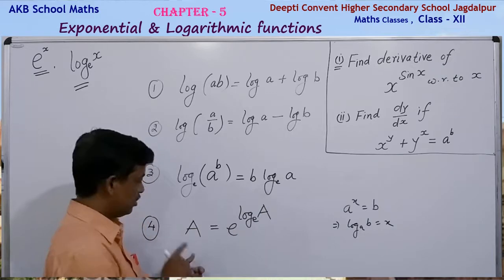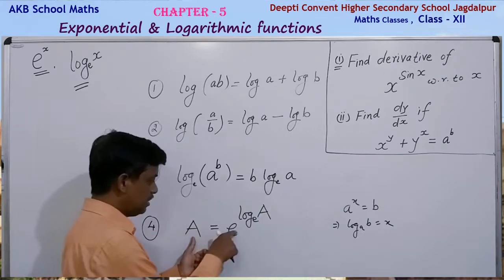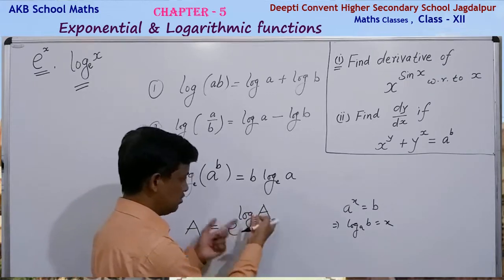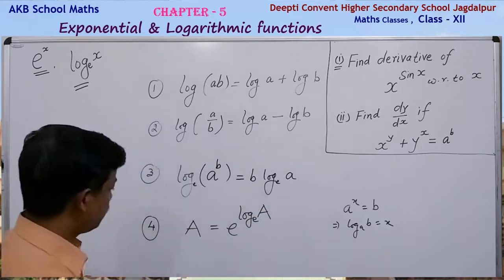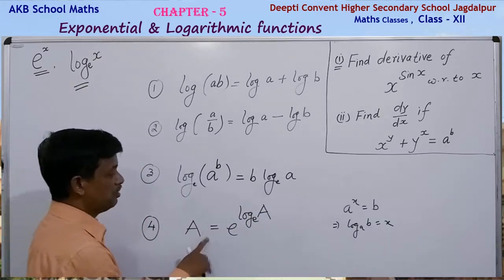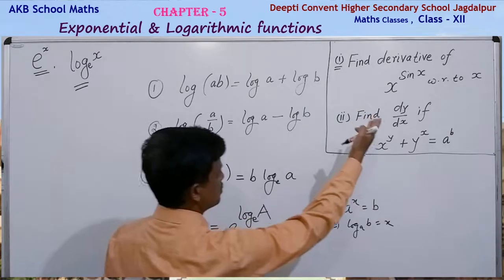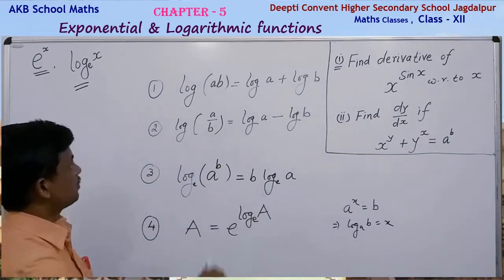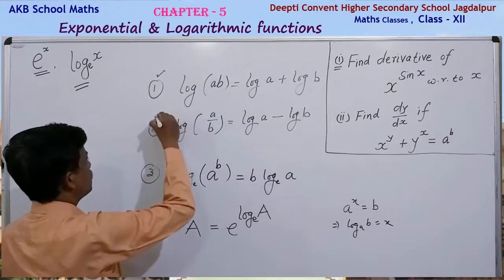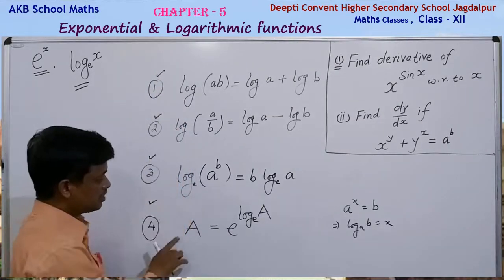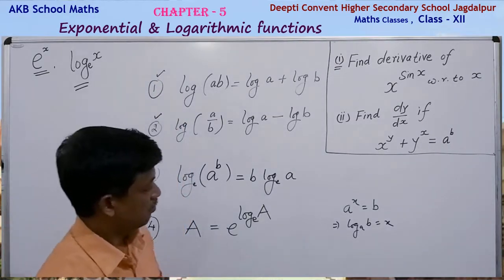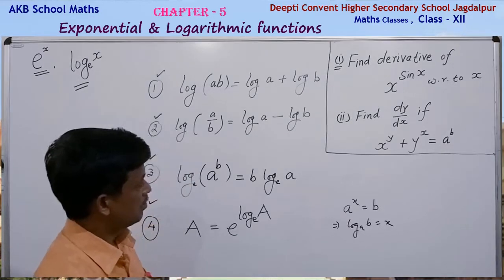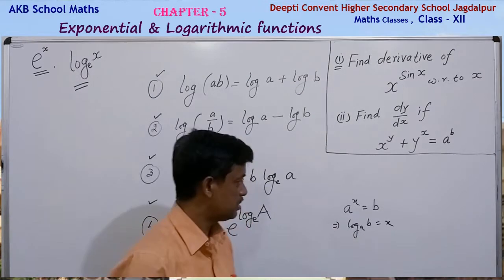That means log of a to the base e equals log of a to the base e, the same quantity. So this is a very, very important property. By using this property, this type of question may be solved directly. So this is the first property, second, third, and this fourth is a special formula. This was the definition of the logarithmic function or exponential function.